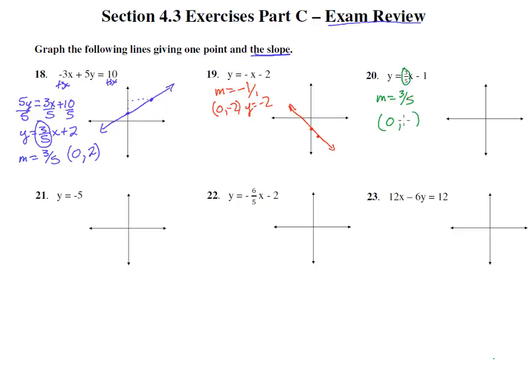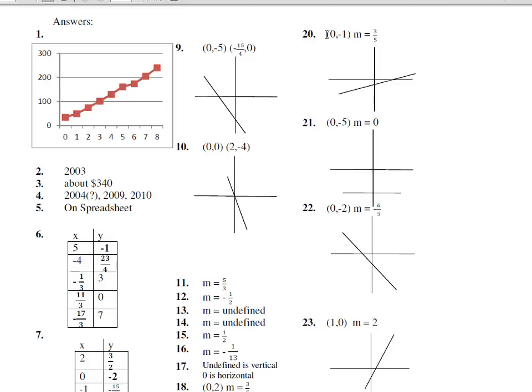We get y equals negative 1. 0, negative 1 is a point right there, and it has a slope of positive 3/5. So we better be headed up to the right. Up 3, over 5. So it looks about like that. Let's double check our answer. 0, negative 1 and a slope of 3/5. Excellent.